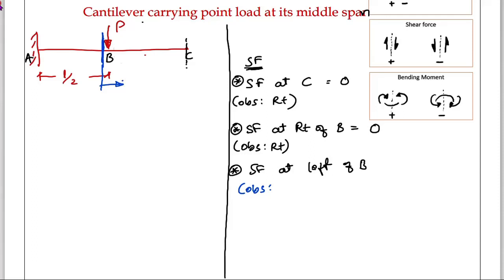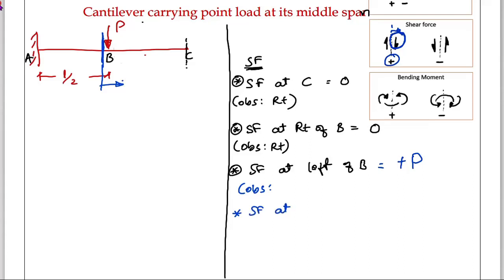I am seeing one vertical force. Only one vertical force? Yes. Its name is P. Whether this vertical force is negative or positive? Right side downward is this one, and that symbol is matching with this arrow, that is positive. Therefore this is positive P. Then over.